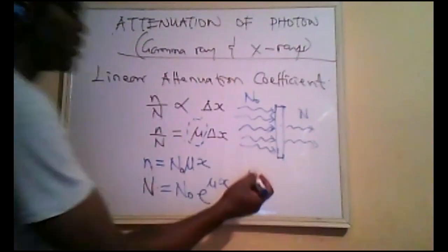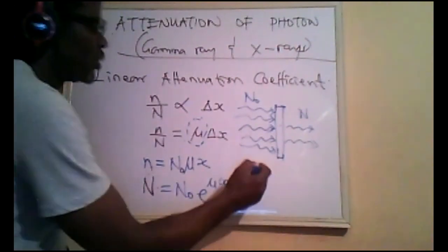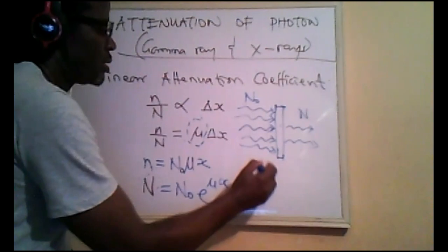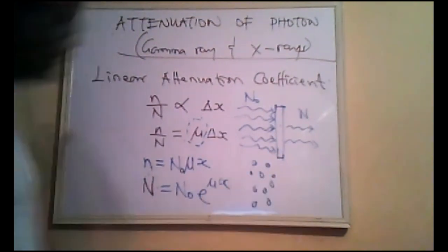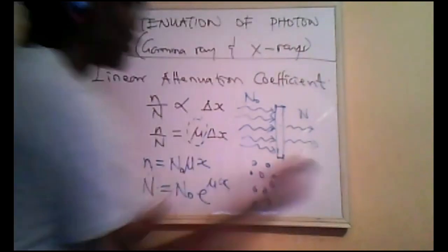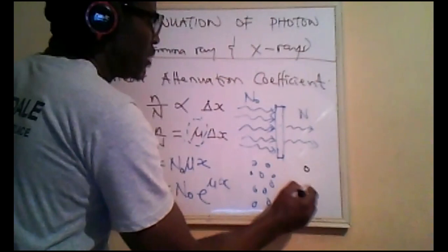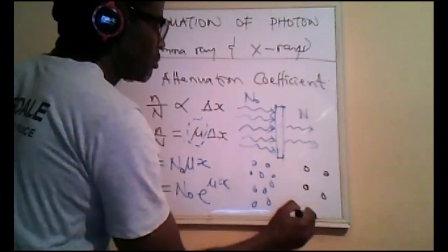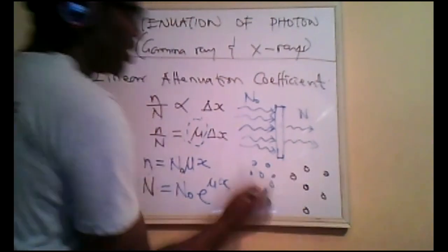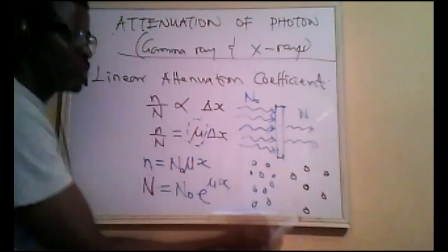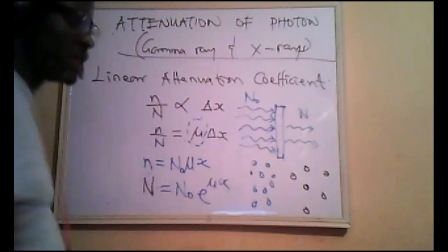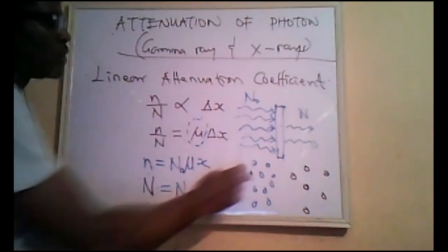You can compare a material whose internal structure looks like this, as in the separation of the particles, and compare it to one whose internal structure, the separation of the atoms, looks like this. This one is denser than this. As such, this one will allow many more photons to pass through, whereas this one will block many photons from passing through.